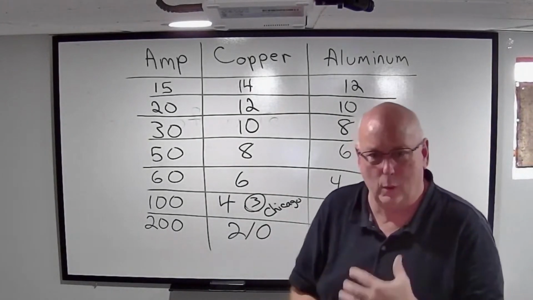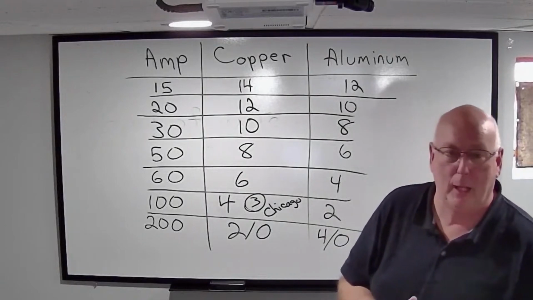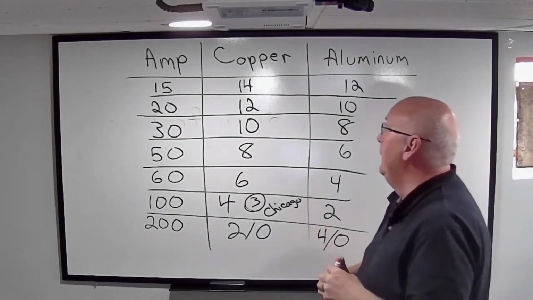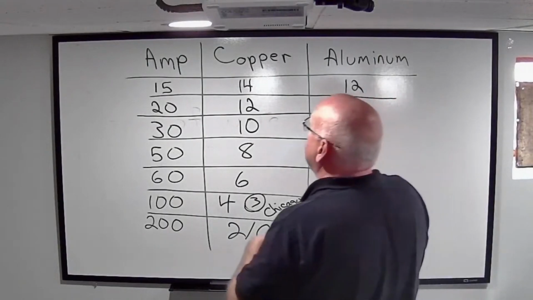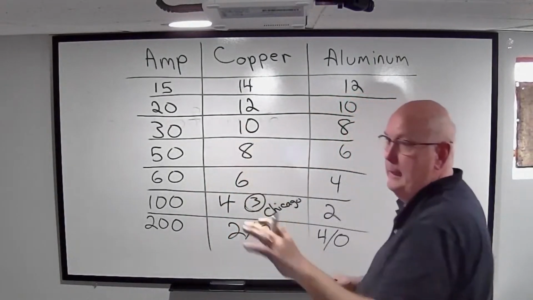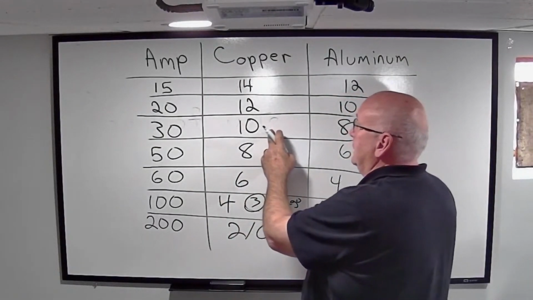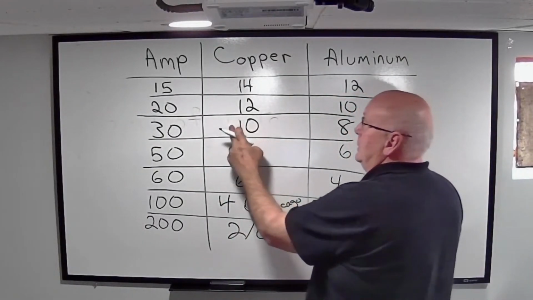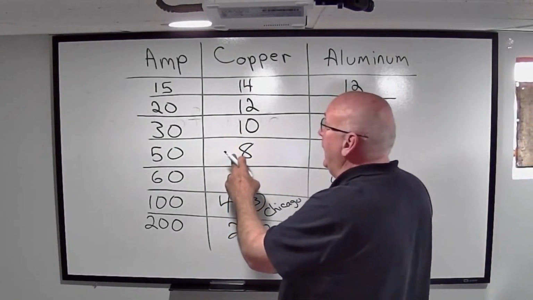So when we're dealing with the overfusing, and this again is all rule of thumb, that data plate that we saw before, that's our priority. All right. So let's say that I was feeding that air conditioning unit and I didn't have access to the data plate at all. So I'm feeding that air conditioner with a 10 gauge wire. What I'm going to do is take the next larger size wire, which is a number 8.